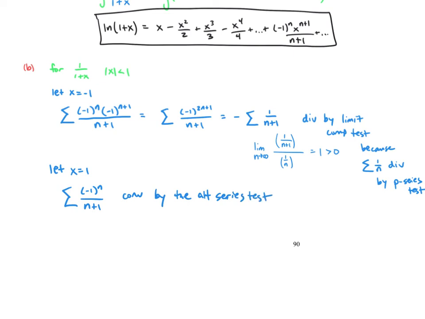Okay, so our interval for part B is going to be -1 is less than x is less than or equal to 1. It's going to be our final interval for part B.